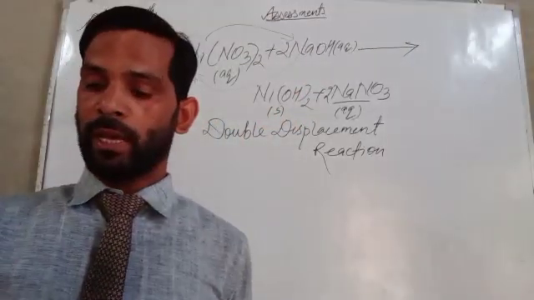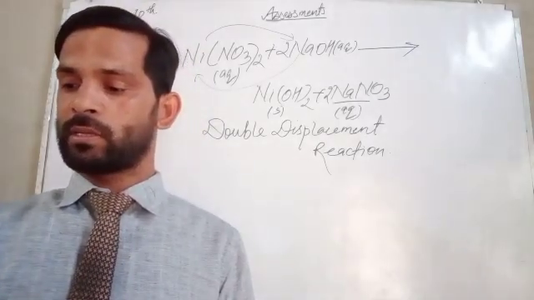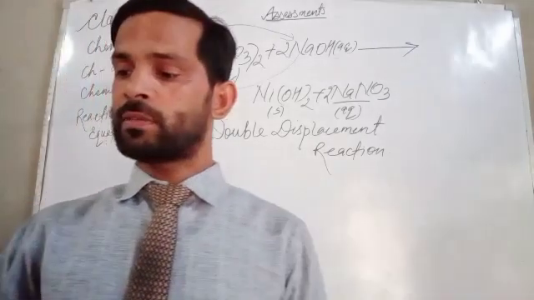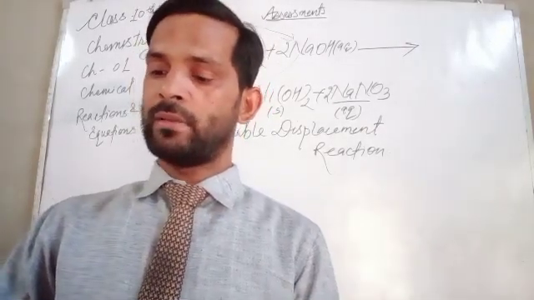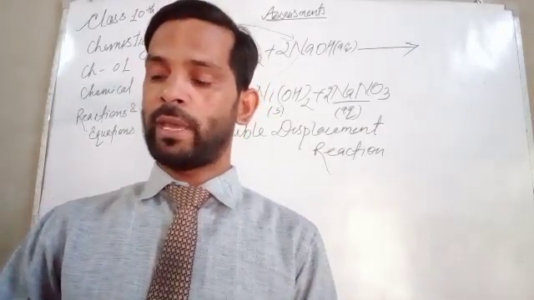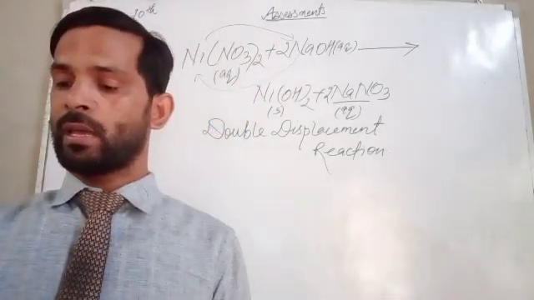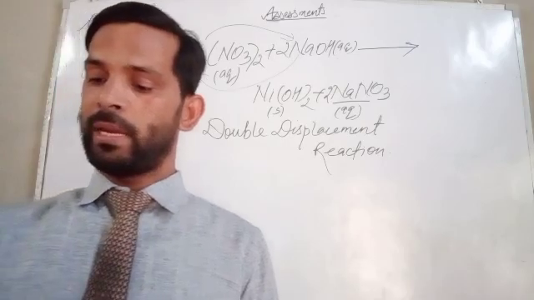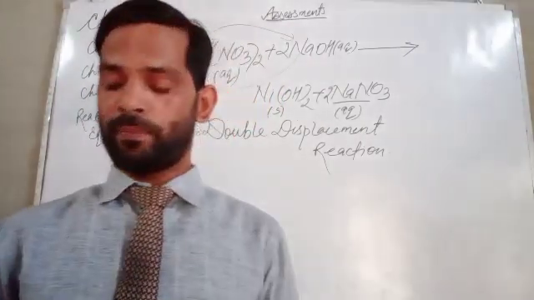Now the next question: when hydrogen gas burns in the presence of oxygen, water is formed, and when the water is electrolyzed, then hydrogen and oxygen gases are produced. State the kind of reaction that takes place in the first case and in the second case.